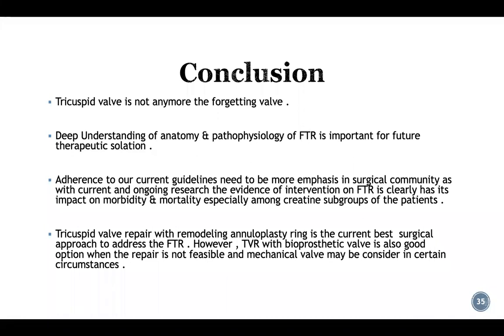Tricuspid valve repair with a remodeling rigid annuloplasty ring is the current best surgical approach according to the literature to address functional TR. However, replacement with a bioprosthetic valve is also a good option when the repair is not feasible, and a mechanical valve may be considered in certain circumstances.